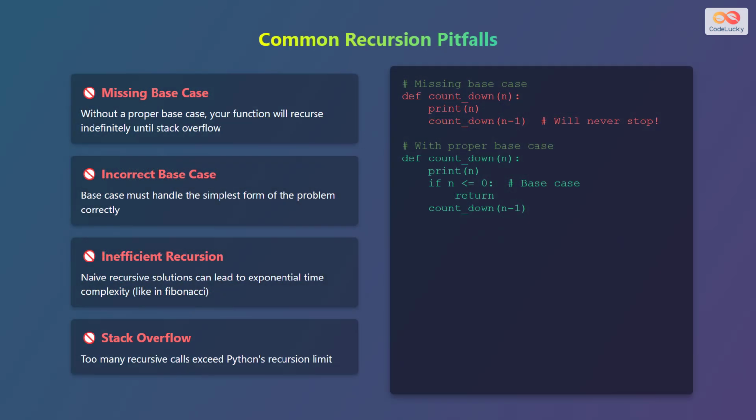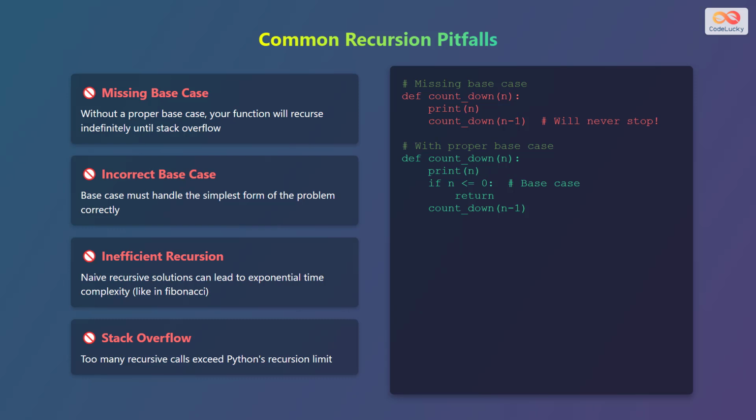Let's talk about common pitfalls in recursion. First, missing a base case. Without a proper base case, your function will recurse indefinitely, leading to a stack overflow. Second, using an incorrect base case. The base case must handle the simplest form of the problem correctly to ensure the recursion stops at the right point. Third, writing inefficient recursive functions can lead to exponential time complexity, like in the naive Fibonacci implementation.